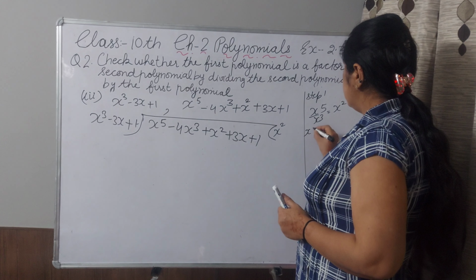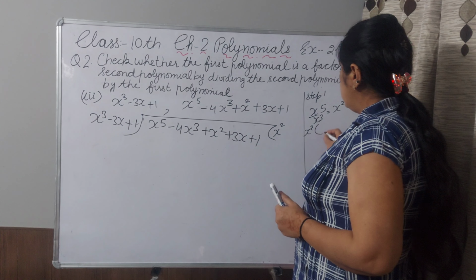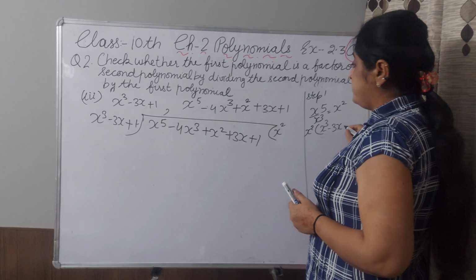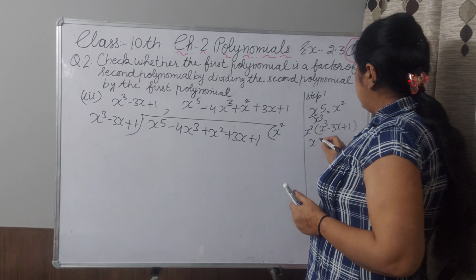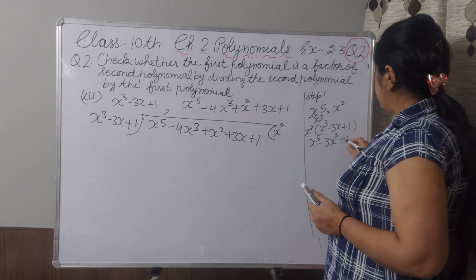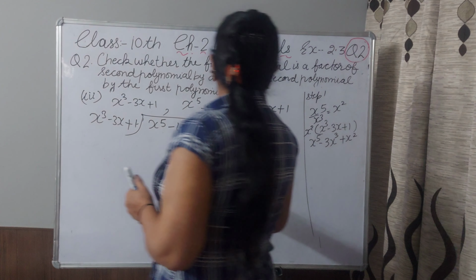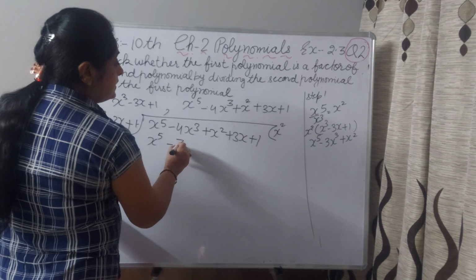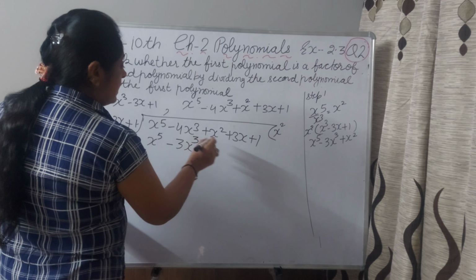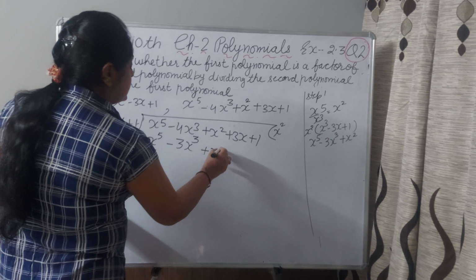Next step is this quotient multiply with this divisor: x raised to power 5, x square minus 3x, 3x raised to power 3 plus x square. We will write here x raised to power 5 minus 3 and here x square.